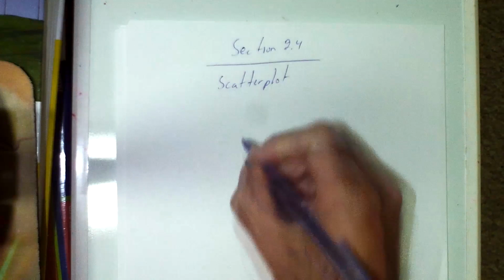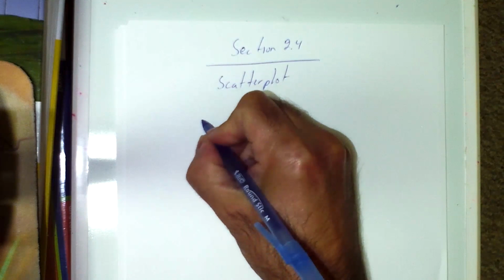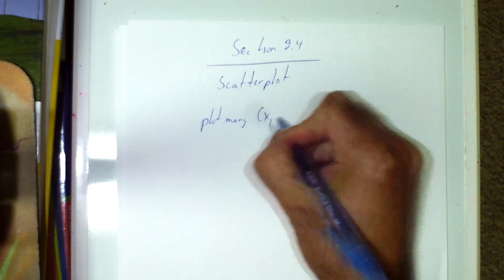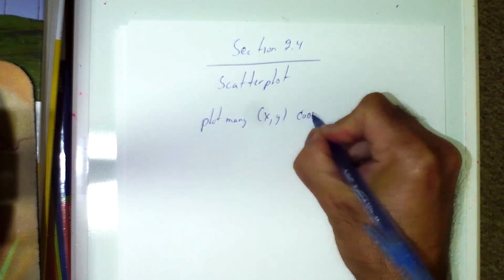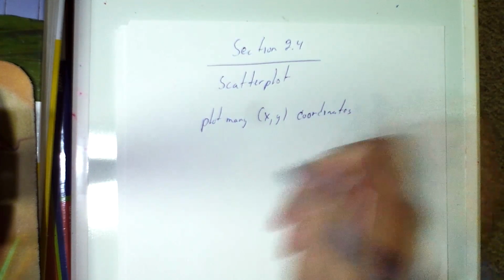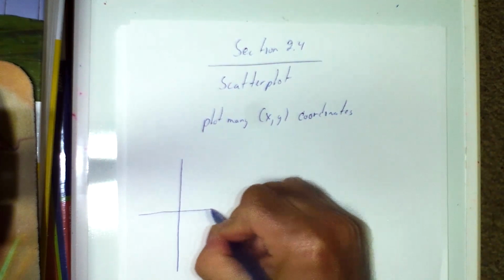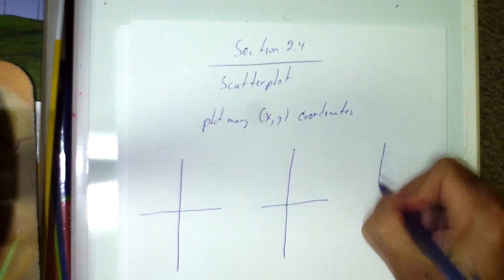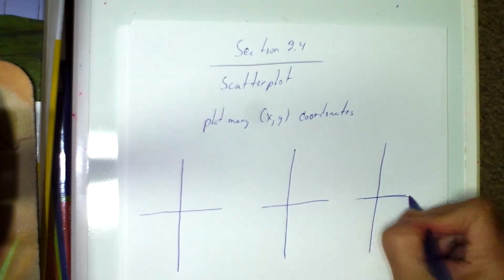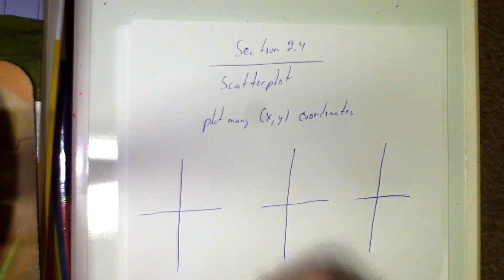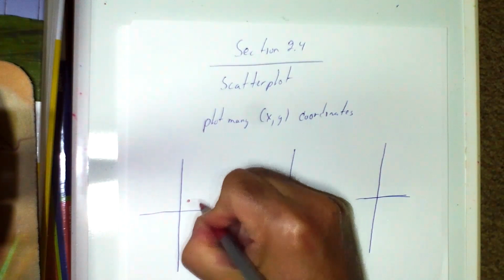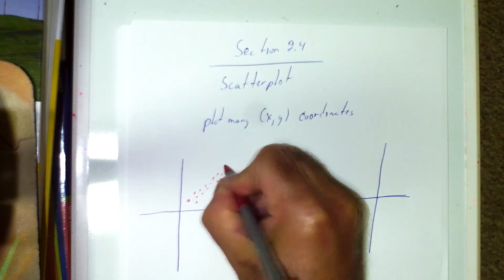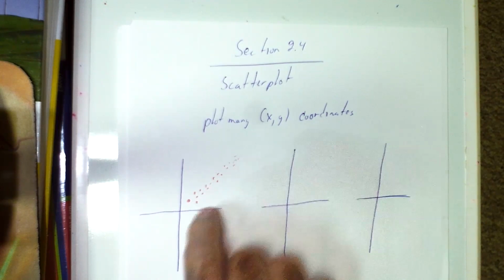When you plot your x and y, you plot many x, y coordinates on a grid. There are three different things that can happen. One is if you plot all the points and they're all clustered up and forming a line going upward.